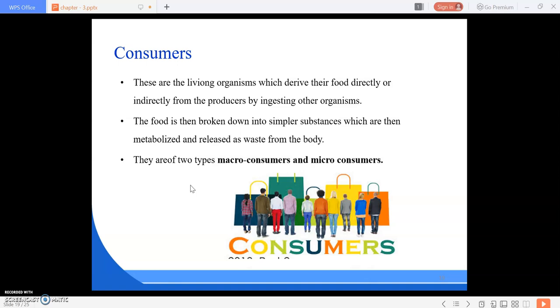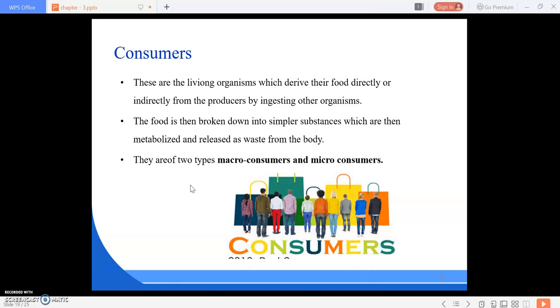The food is then broken down into simpler substances, which are then metabolized and released as waste from the body. So we know that we cannot create or synthesize food, and for that we are the consumers.